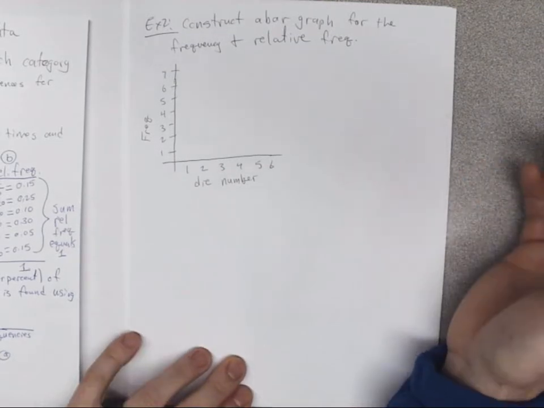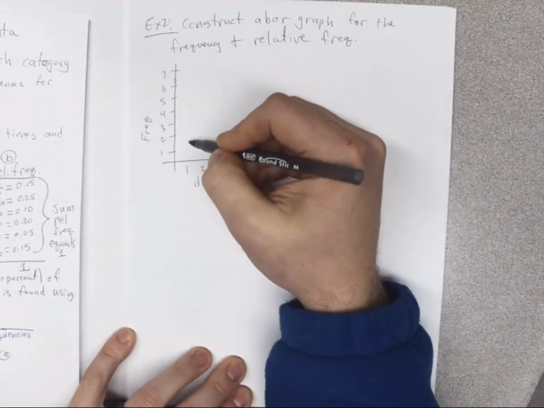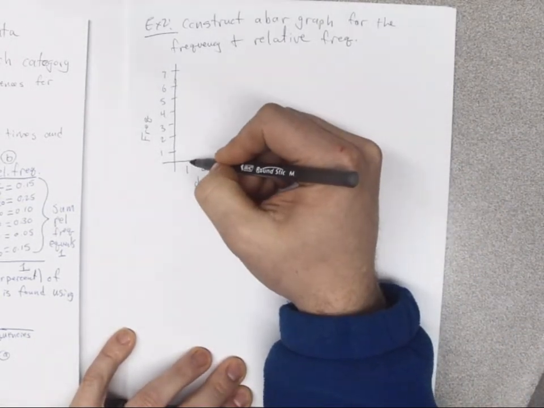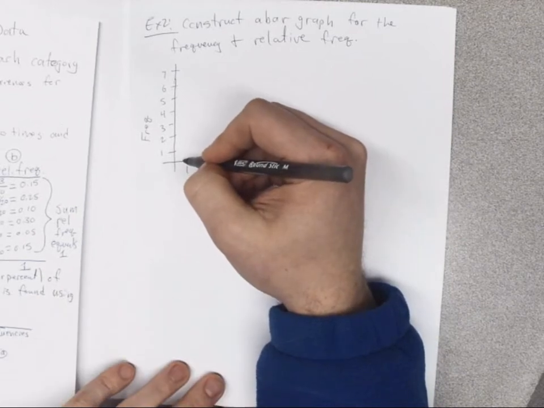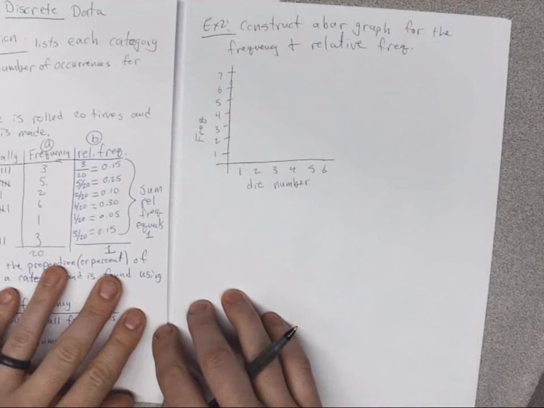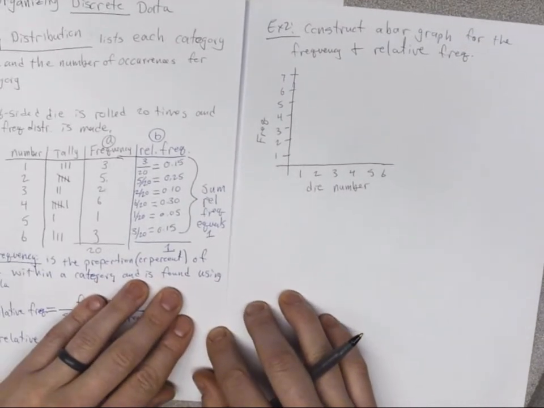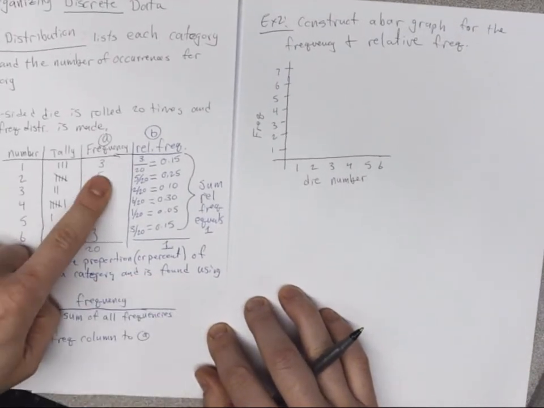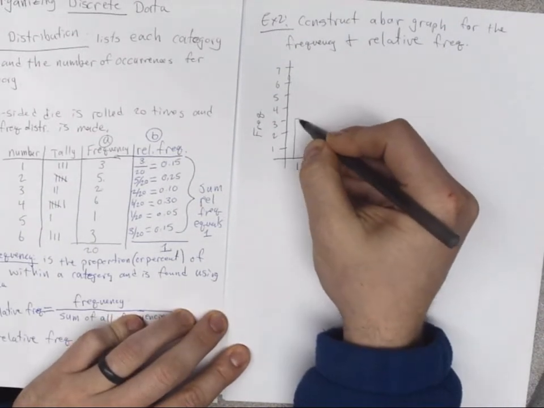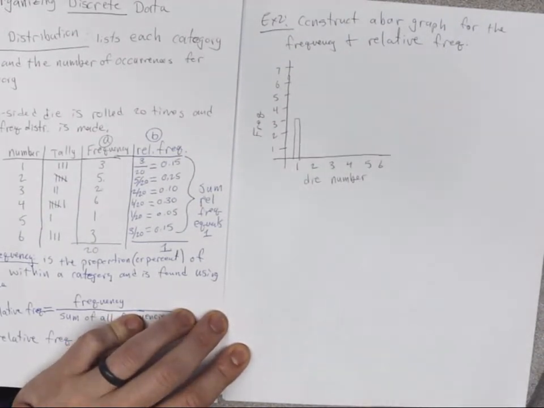So you draw bars without them touching each other. So 1 was rolled 3 times. I'm looking back at our table. So 1 was rolled 3 times. So I'm going to draw a bar just like this, up to 3.